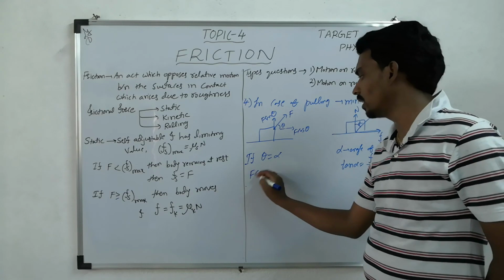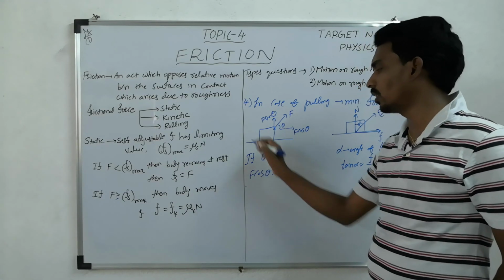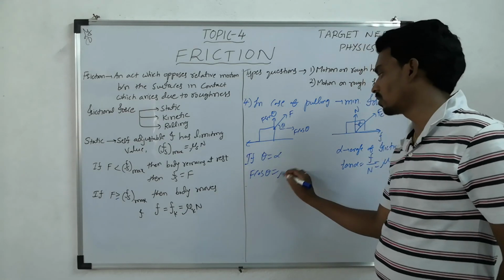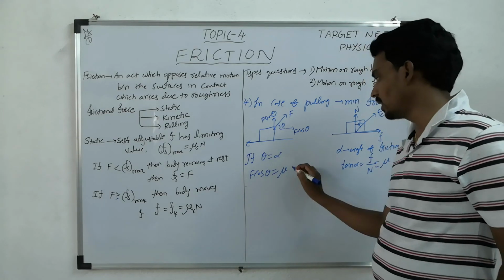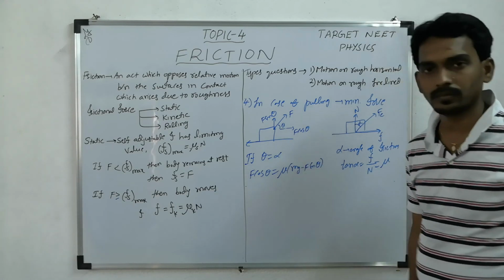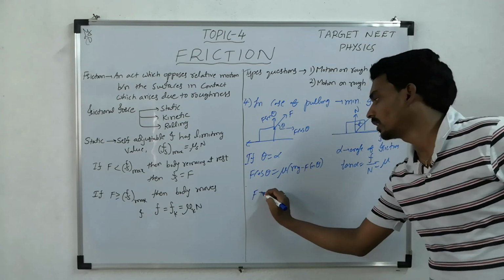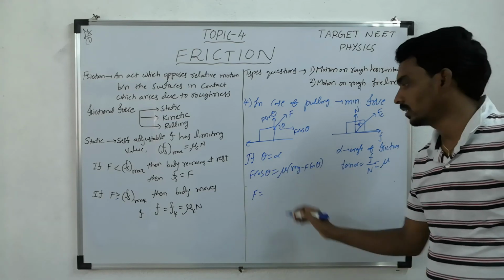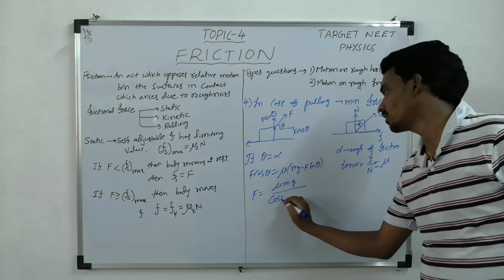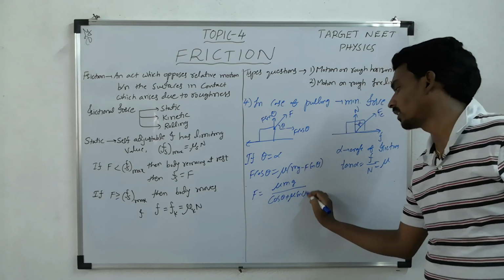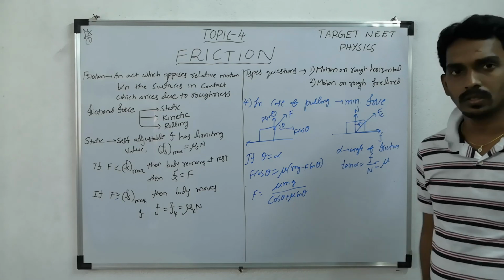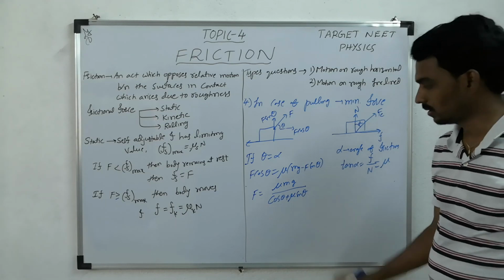Ready to move means F cos theta is equal to the backward force, the frictional force, mu n. N is what? mg minus F sin theta. Then if you take common this side, F will be mu mg by cos theta plus mu sin theta. But under the condition mu equals tan alpha.